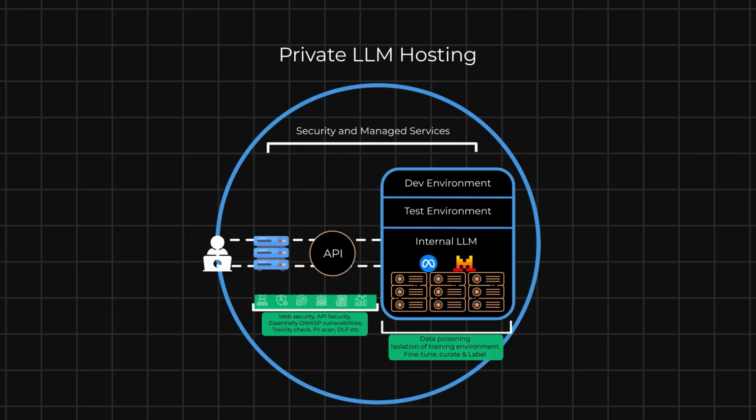All the components of the model hosting pipeline must be controlled to avoid external dependencies. This includes securing the model supply chain to ensure models and libraries are sourced from verified, trusted repositories. Storage of the model weights and training data must be encrypted at rest and in motion.